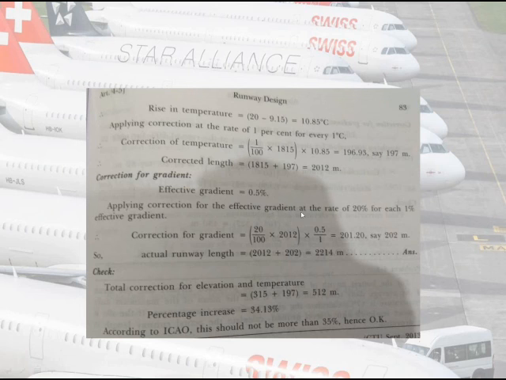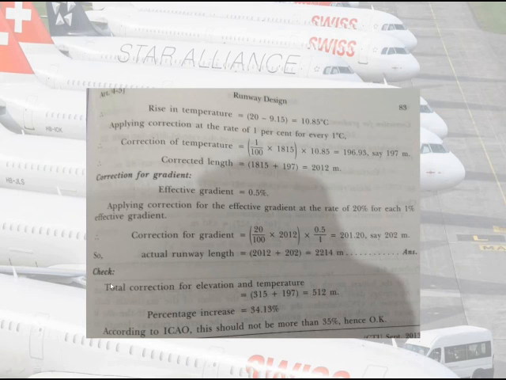Applying correction for the effective gradient at the rate of 20% for each 1% effective gradient, the correction for gradient is equal to 20 by 100, converting it into meters, that is 2012 into 0.5 divided by 1, which is equal to 201.20, say 202 meters. So actual runway length is equal to 2012 plus 202, which is equal to 2214 meters.